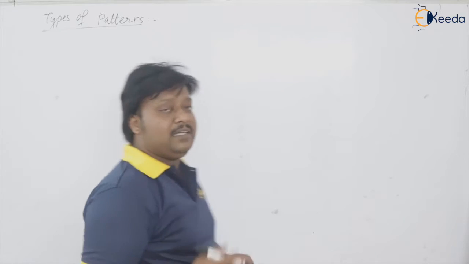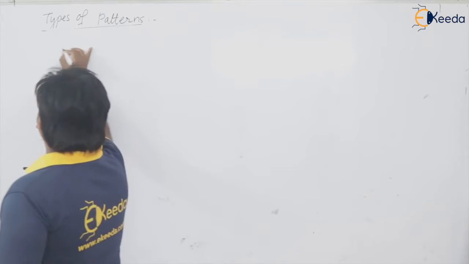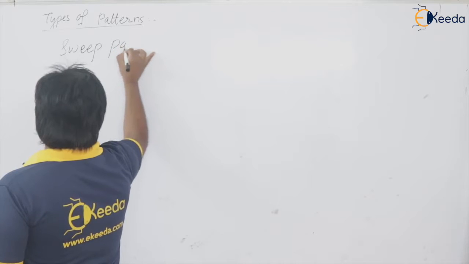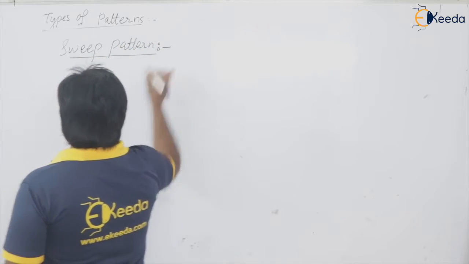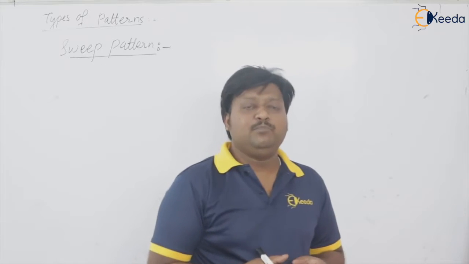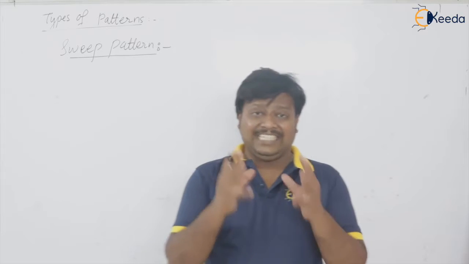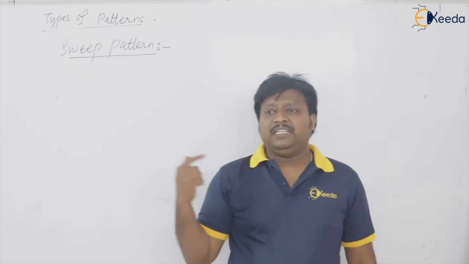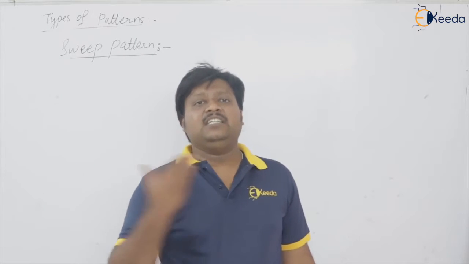So the next pattern we have is the sweep pattern. These sweep patterns are basically used for making large castings, which are generally axisymmetric or prismatic in nature. For example, we make castings of bells, or castings of any cylindrical shape.